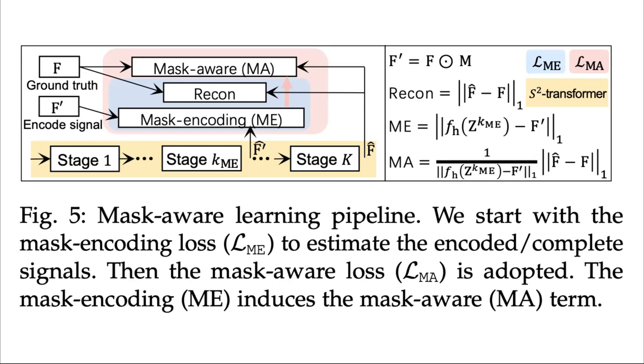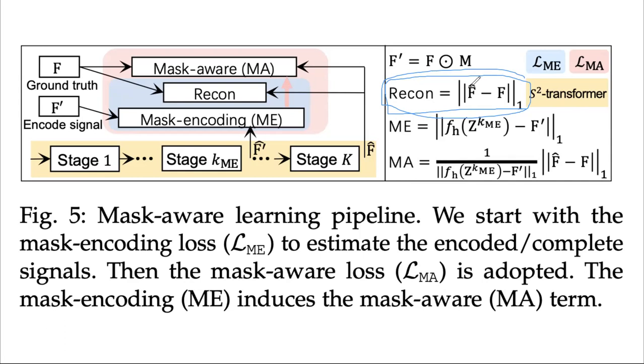In conventional training, if you think of reconstruction loss, the first thing you can basically use is some L1 loss.